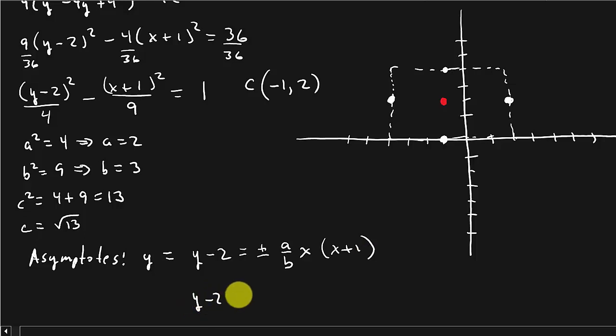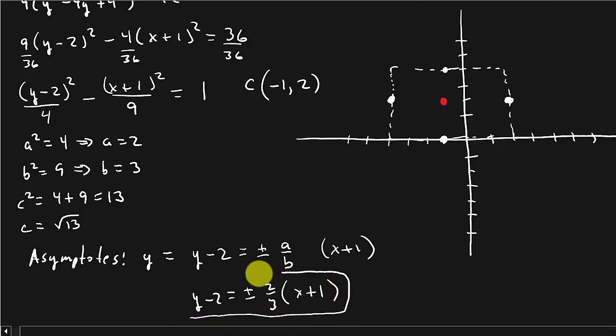And so we've got y minus 2 equals plus or minus a over b, so that's 2 over 3 times x plus 1. All right, so there's your asymptotes there. And like I said, draw that box in. That's going to help you sketch your asymptotes in like that.